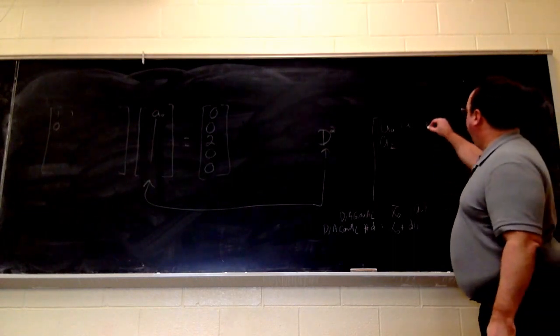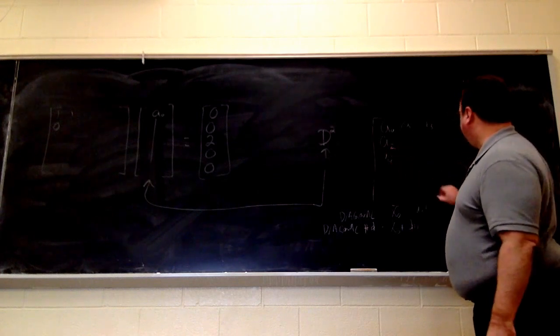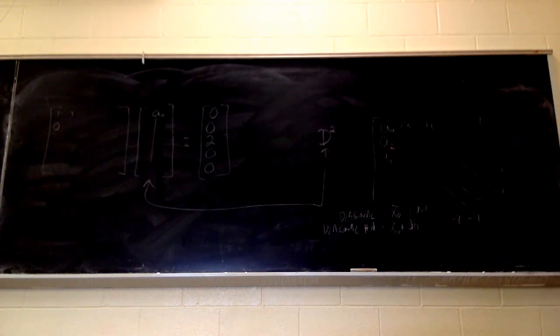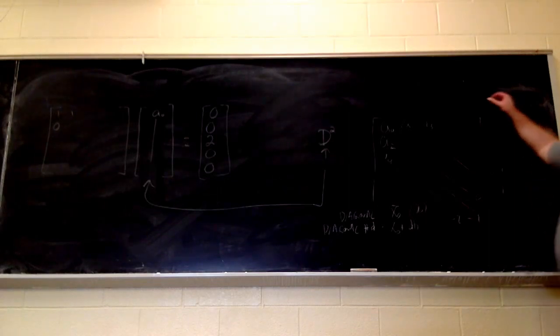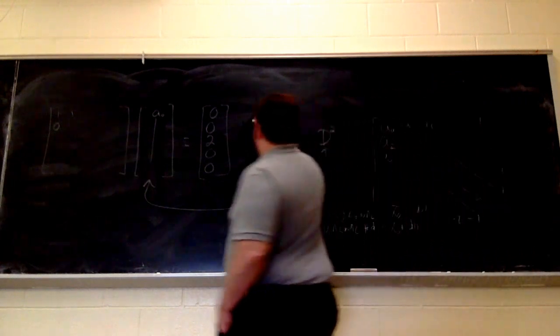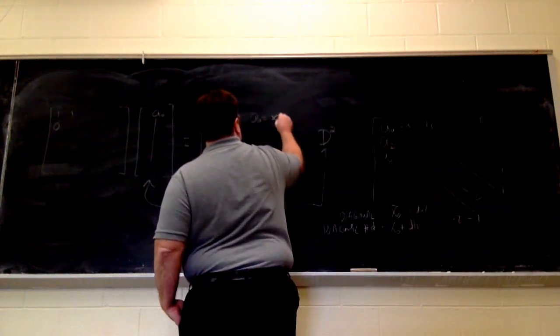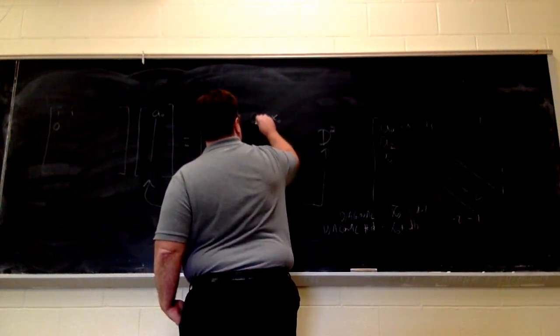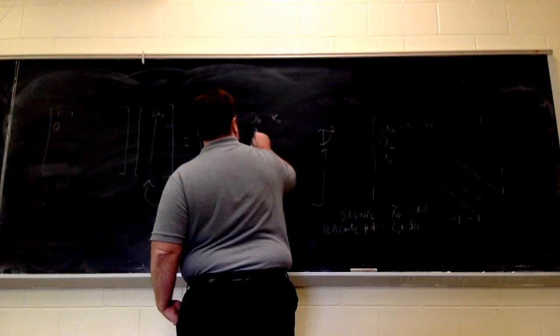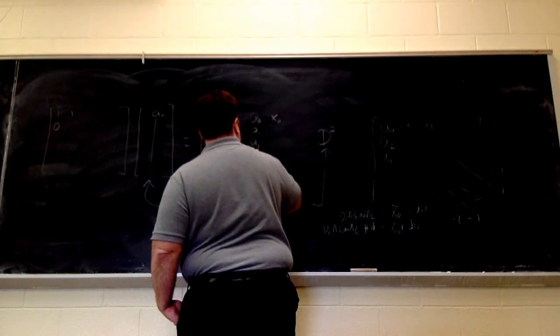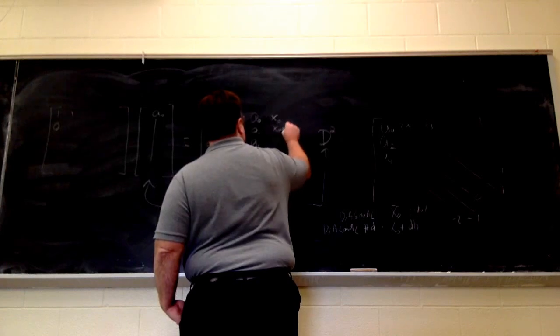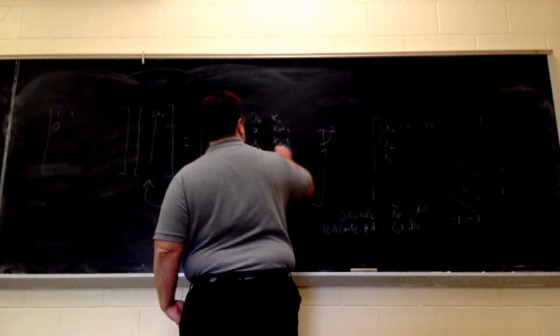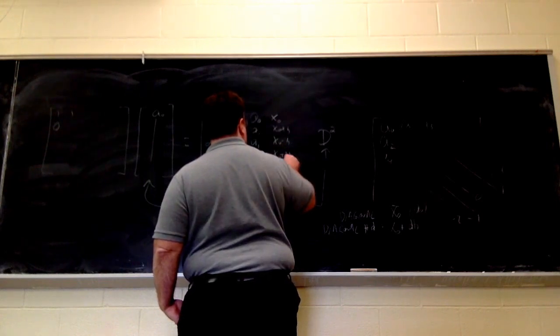So if you'd like, we can just agree on how we're going to number these unknowns. I'll write that explicitly so everybody's on the same page: x naught plus H, x naught minus H, x naught plus 2H, x naught minus 2H.